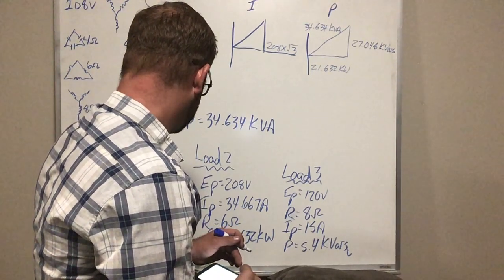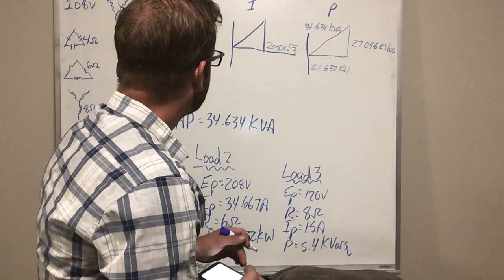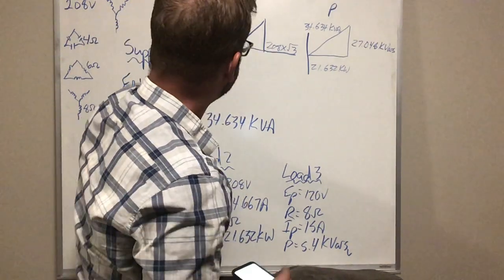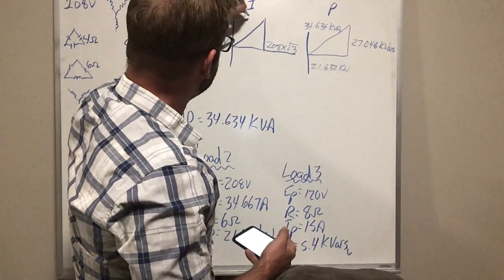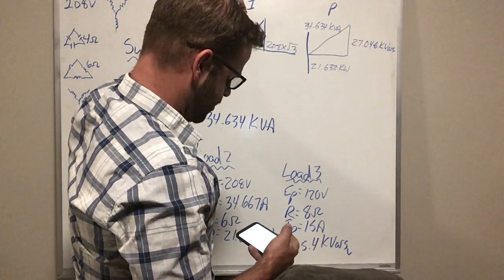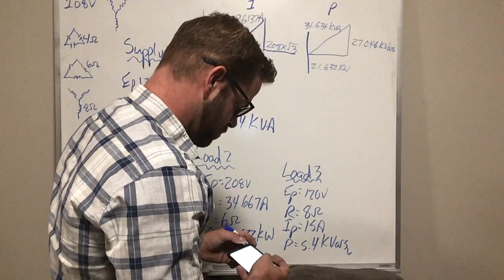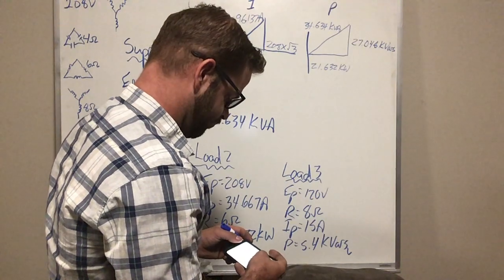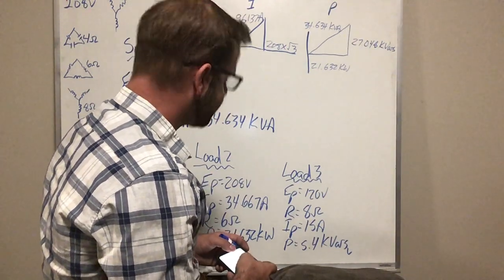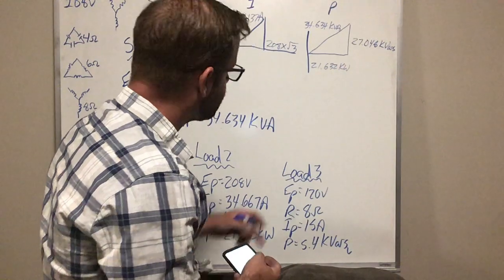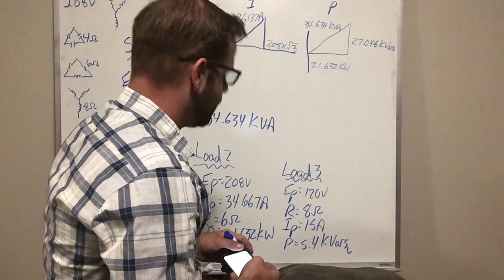of 96.137 amps. Now we're looking at line current for our resistive load.